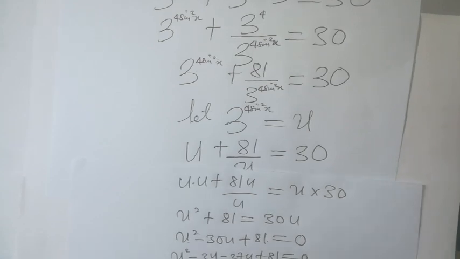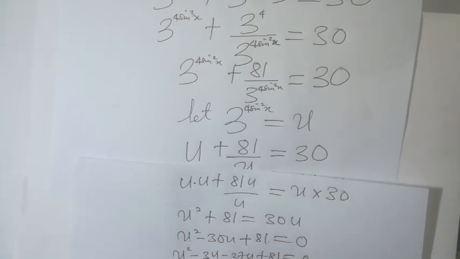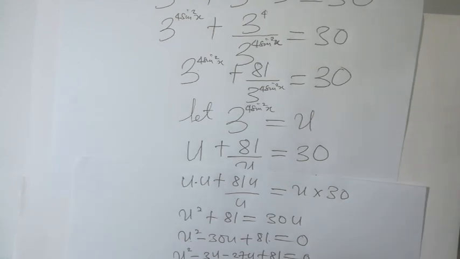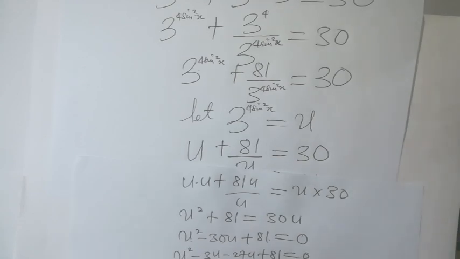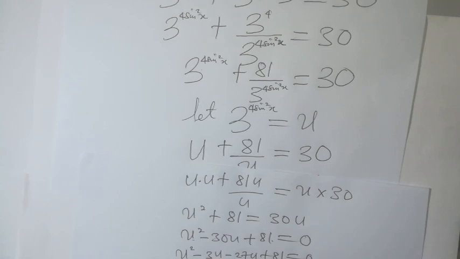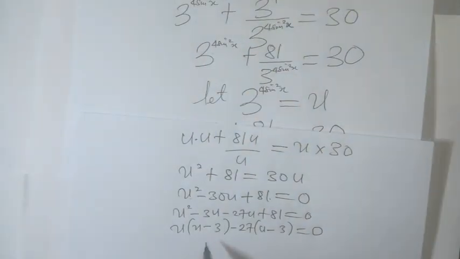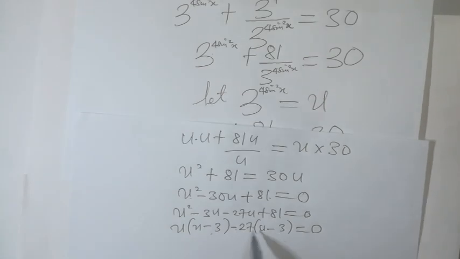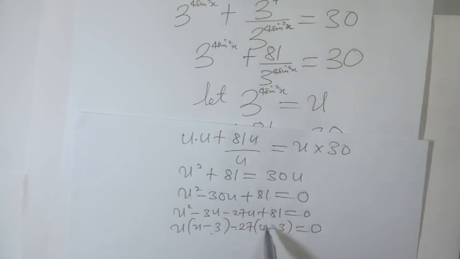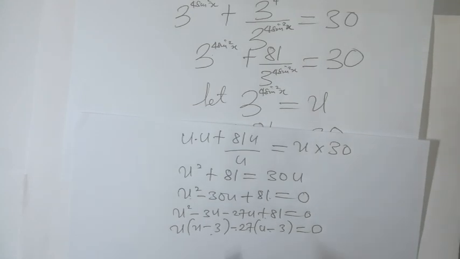So let's factorize it. You see, we can factorize u out: u minus 3. Here we can factorize 27: minus 27 bracket u minus 3 is equal to 0. So, you see, let's verify. Minus 27 times u is minus 27u, minus times minus is plus, 27 times 3 is confirmed.